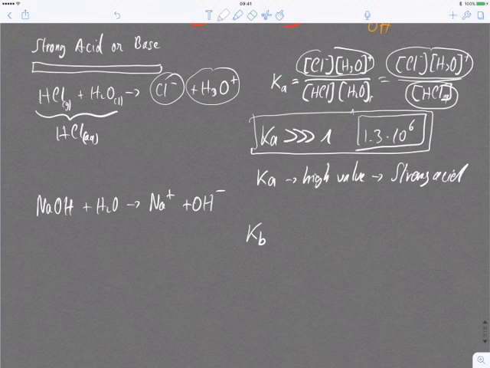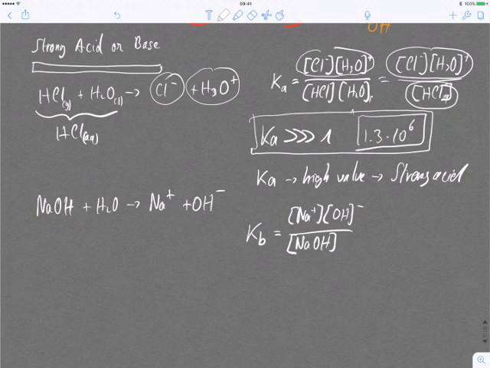One is used for an acid, one is used for the base. When it's for a base, you call that Kb. When you're using it for an acid, it's going to be Ka. And this is going to be equal to the concentration of Na plus, OH minus, and the NaOH concentration.